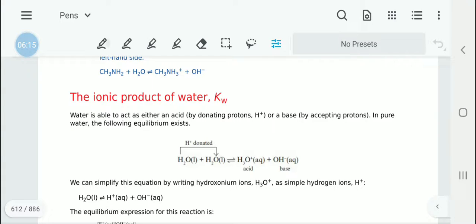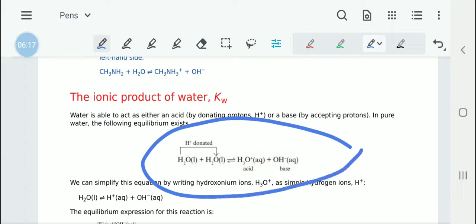Write down this equation. H2O liquid plus H2O liquid, equilibrium sign, H3O plus aqueous, which is the hydroxonium ion, plus OH minus aqueous, which is the hydroxide ion. So H3O plus has an excess proton. As a result, it becomes the acid.